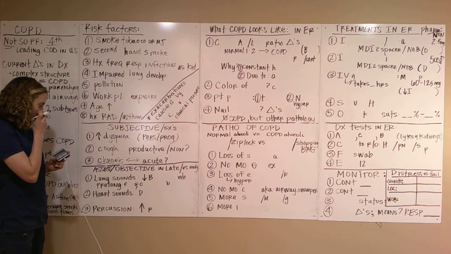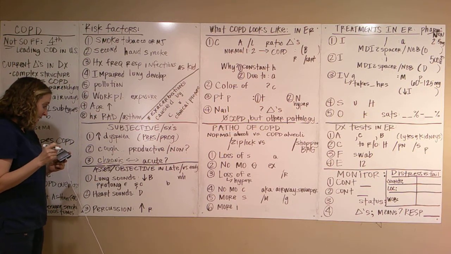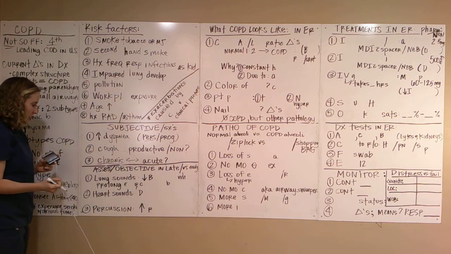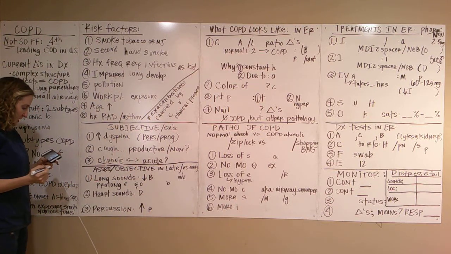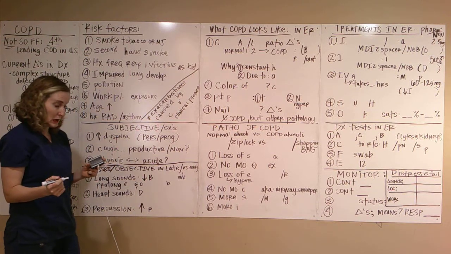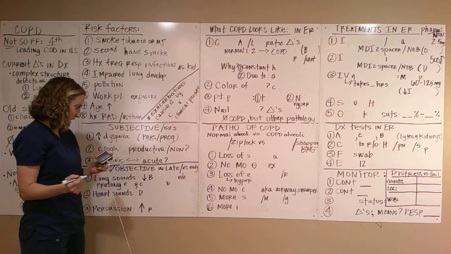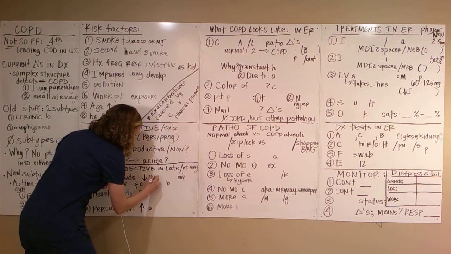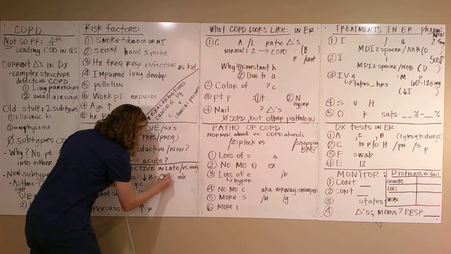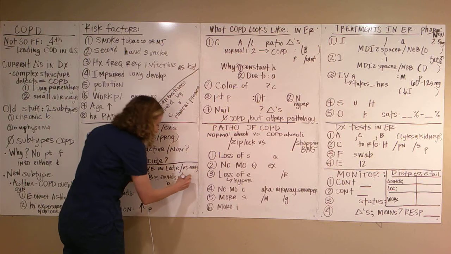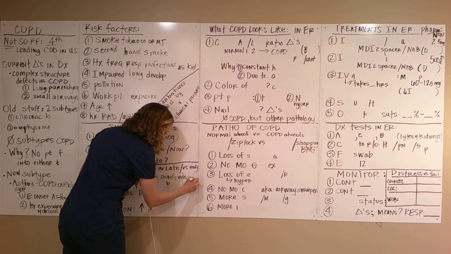Then we talk about what we can see, hear, touch, feel as part of our assessment. So what do their lungs sound like? What do they sound like when you hear them with your stethoscope? You can have decreased breath sounds. We also have wheezes that you can hear.